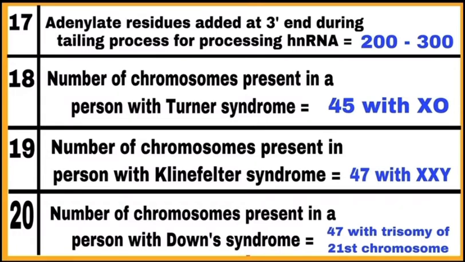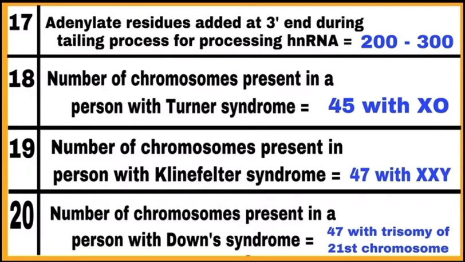Point 18. Number of chromosomes present in a person with Turner syndrome. 45 chromosomes are present in a person having Turner syndrome. This is one less than normal person with XO condition. Point 19.